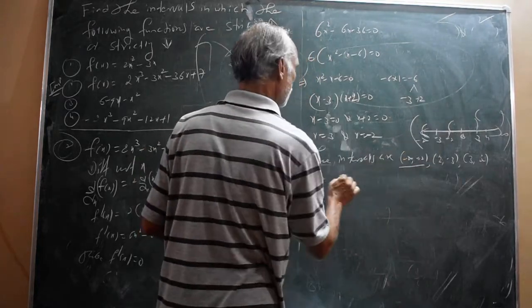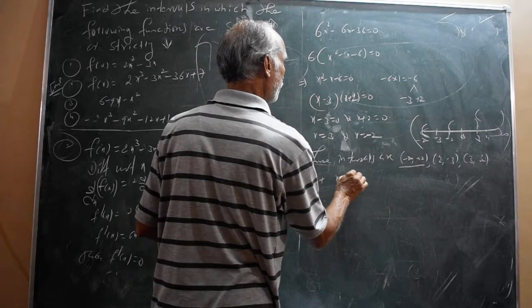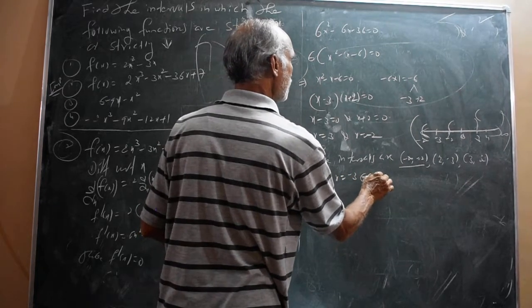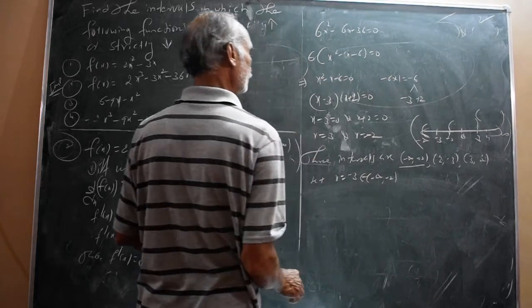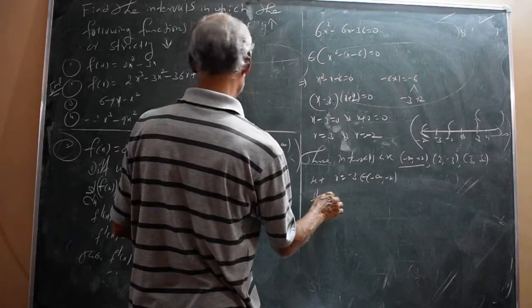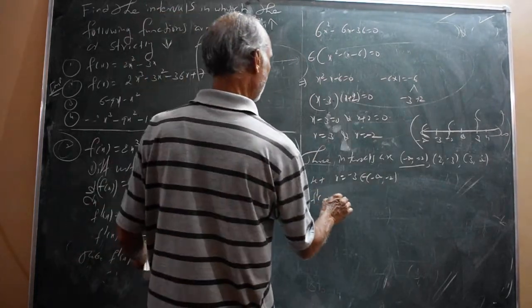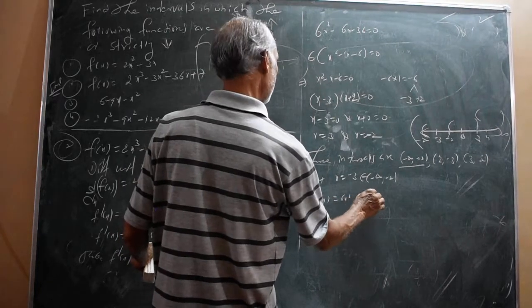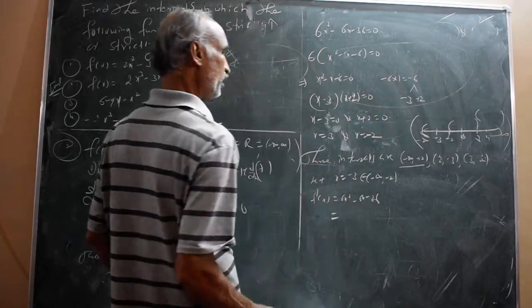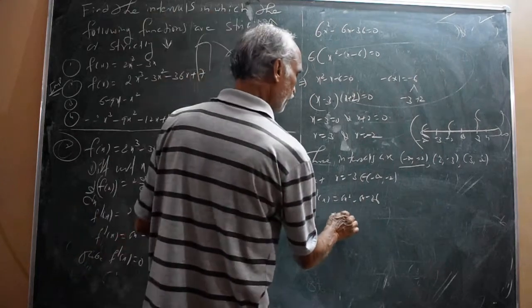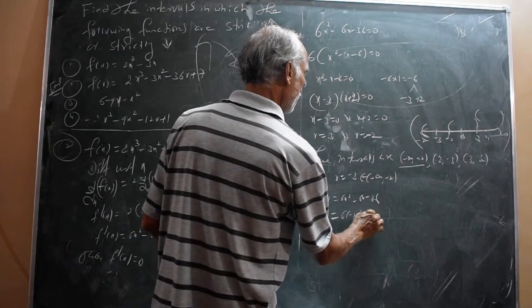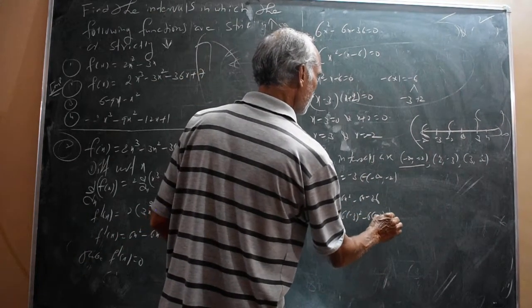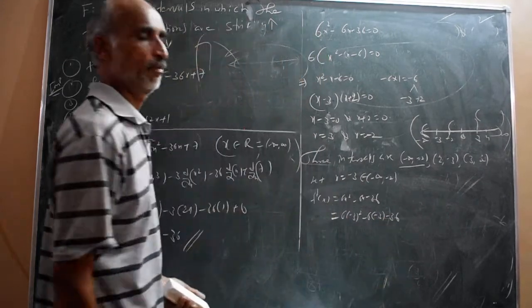Let x is equal to minus 3, which belongs to minus infinity to minus 2. What is f dash of x? It is 6x square minus 6x minus 36. Therefore 6 into minus 3 square, minus 6 into minus 3, minus 36.